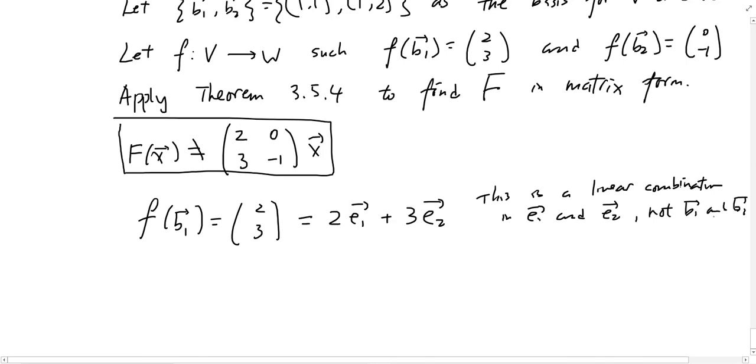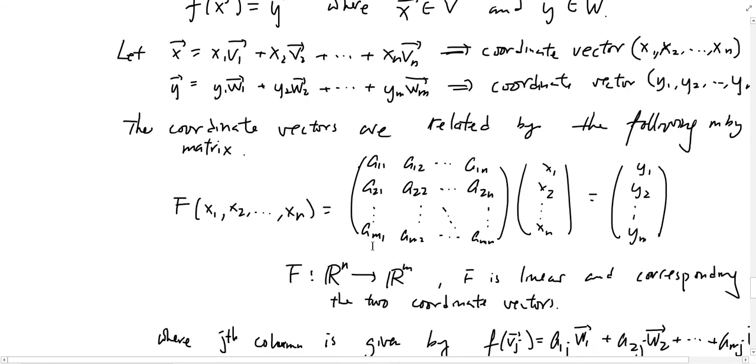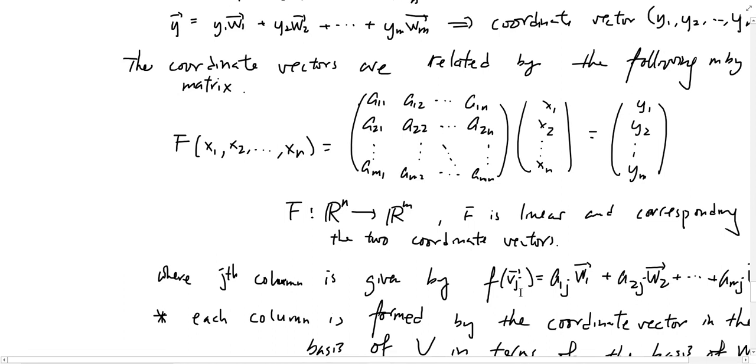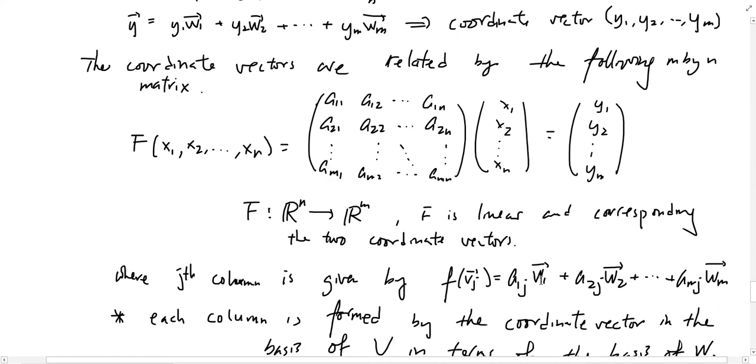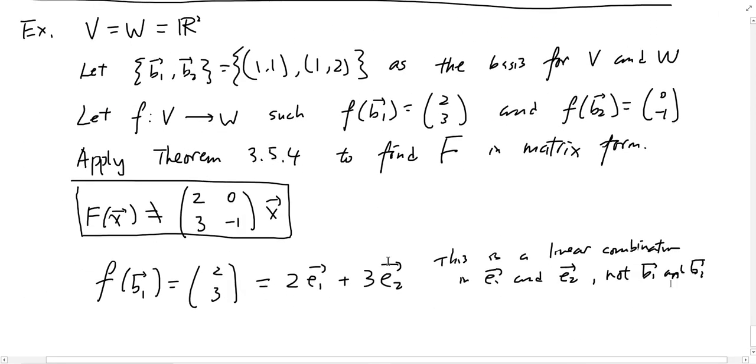If you read theorem 5.3.5.4, in order to form these coefficients, the column, I need to rewrite the input of a vector in the domain basis as an output, as a linear combination of the vectors of the basis in the range. So we don't have that. I have to plug in B1 and write it out as a linear combination of B1 and B2, which is not too hard to do.